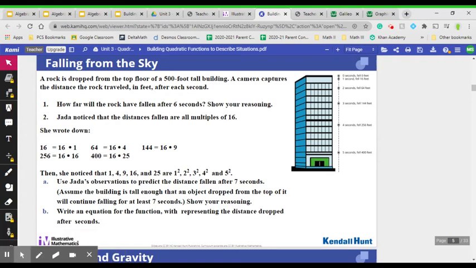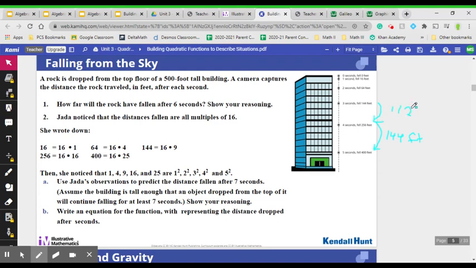So now if we want to start answering some of these questions, number 1 asks, how far will the rock have fallen after 6 seconds? If we look at what happened in the data we have in front of us, from 4 seconds to 5 seconds, that difference is 144 feet. It fell that in 1 second. From 144 to 256, that difference is 112 feet.